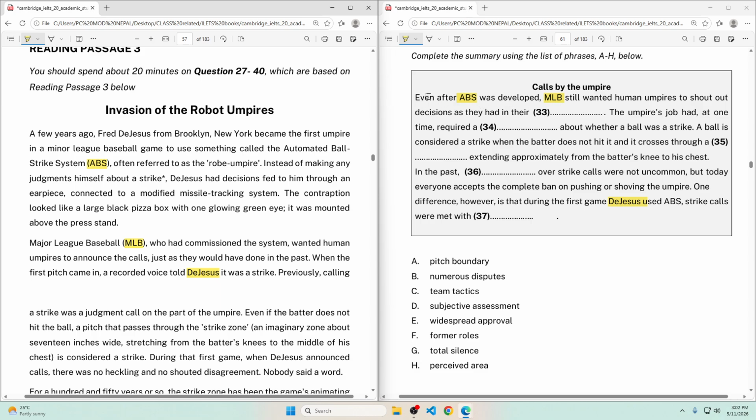For question number 33, even after ABS was developed, MLB still wanted human umpires to shout out decisions as they had in their blank.